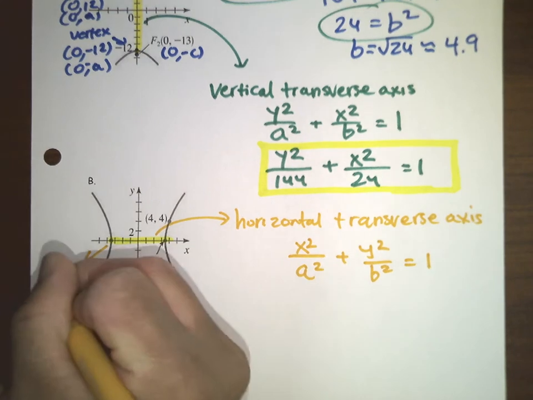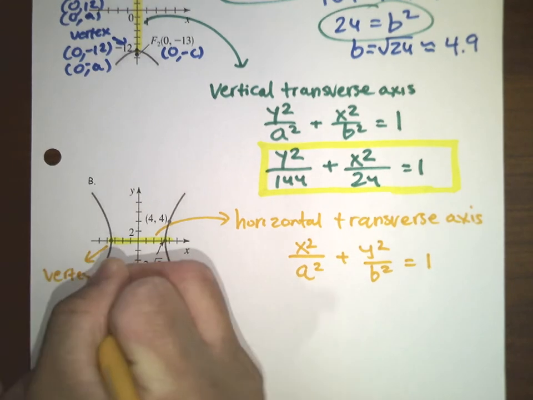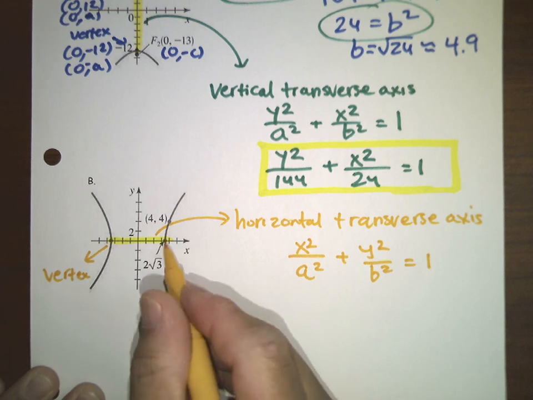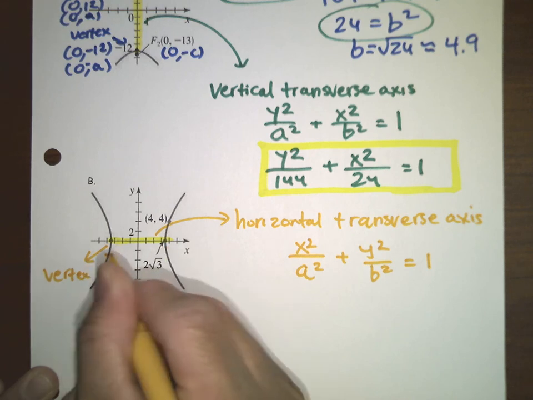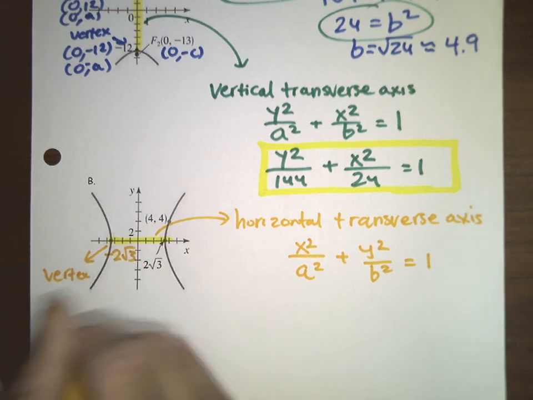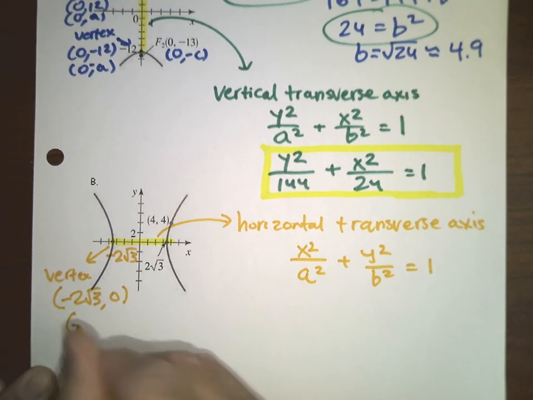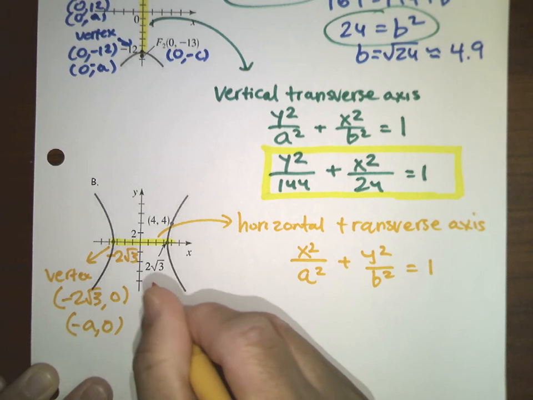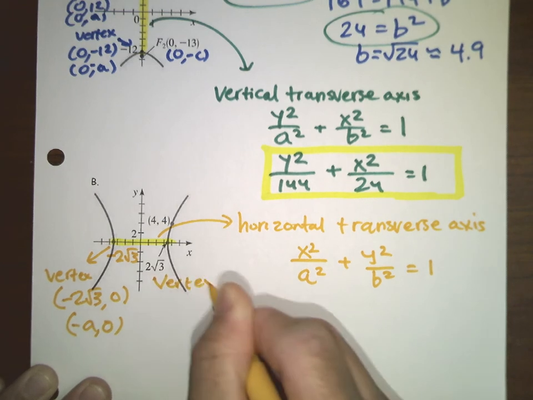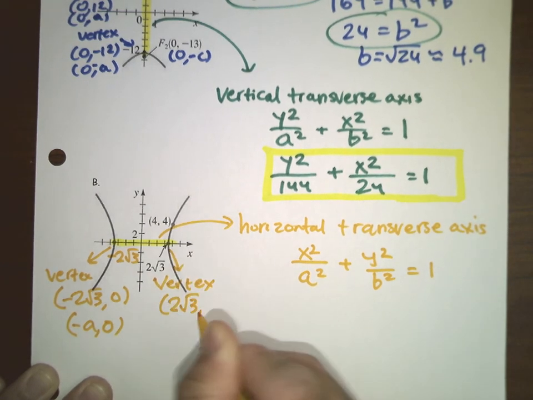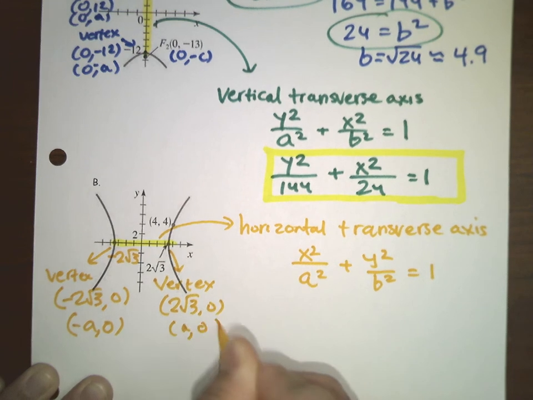And so here's the vertex, and you can tell that they told you that this was 2 square root of 3, so this is negative 2 square root of 3. So it's at negative 2 square root of 3, 0, or negative a, 0. And here is a vertex at the point 2 square root of 3, 0, or a, 0.